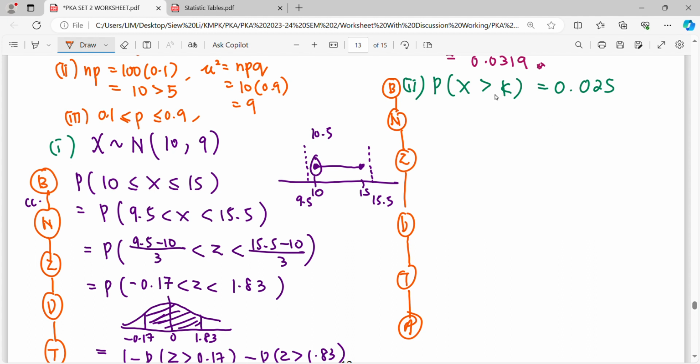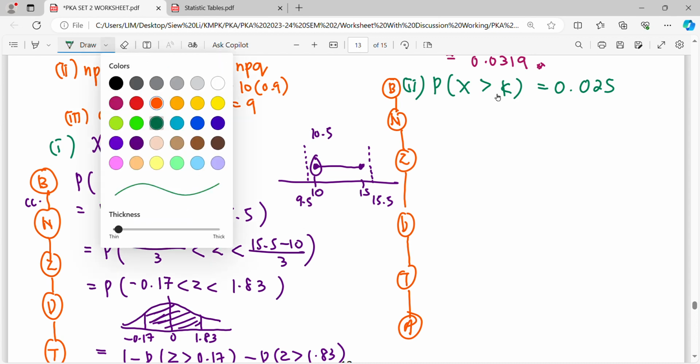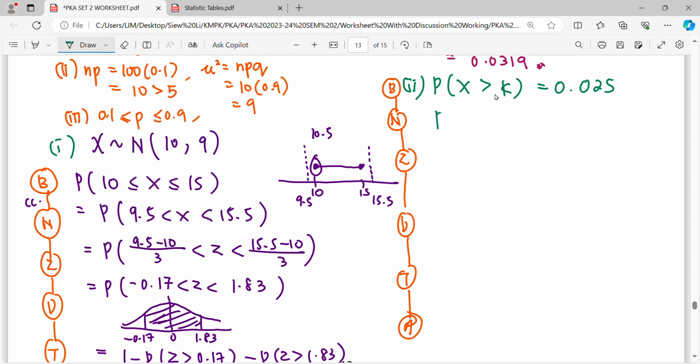Alright. So back to the question. When you want to change to normal, X means we need to do CC plus or minus 0.5. Let's say K. More than K. Is this K included or not? No, so we proceed with K plus 0.5.